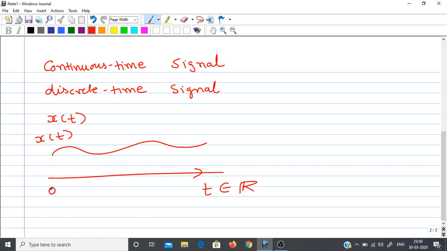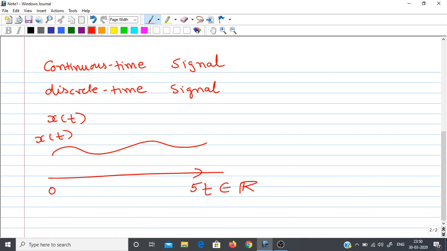Let's say this range is between 0 and 5. There are infinite real numbers between 0 and 5, and at all those real time instances x is defined. So t is continuous because t is real. This kind of signal is called a continuous time signal.